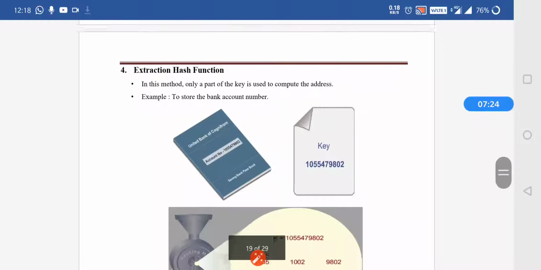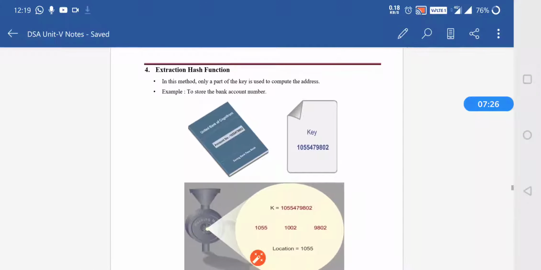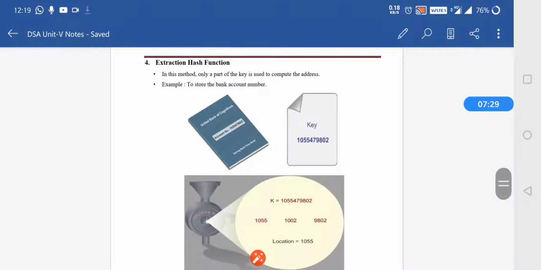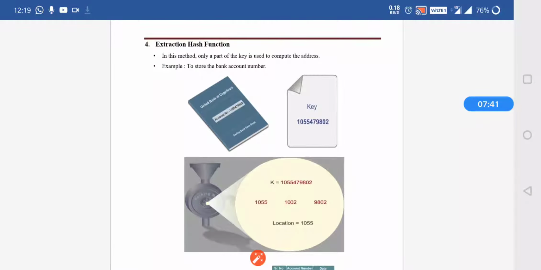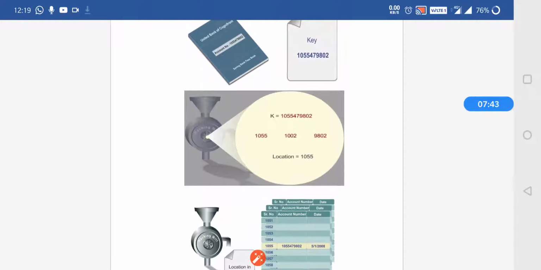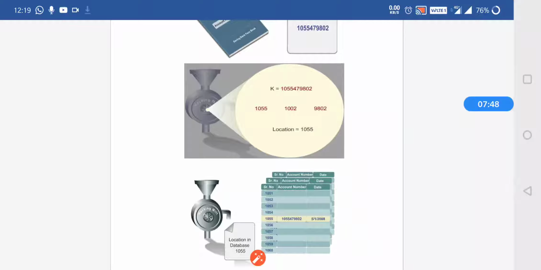Then the fourth function is the extraction hash function. In the extraction hash function, only some part of the key is used for computing the address. Only some part is used. So we have this particular key as 1055479802. We will divide that number into various parts, as we can see here, and the first part is considered, and at the location 1055 we store the particular number.